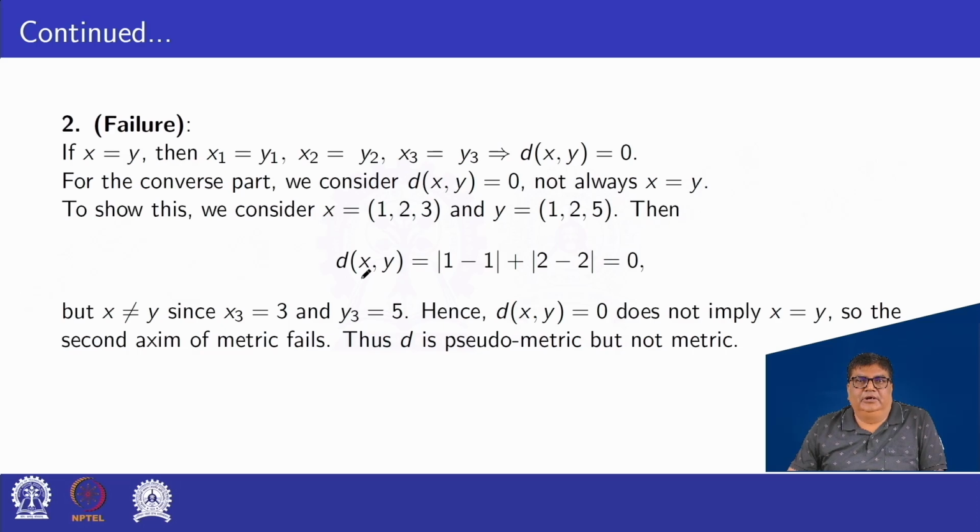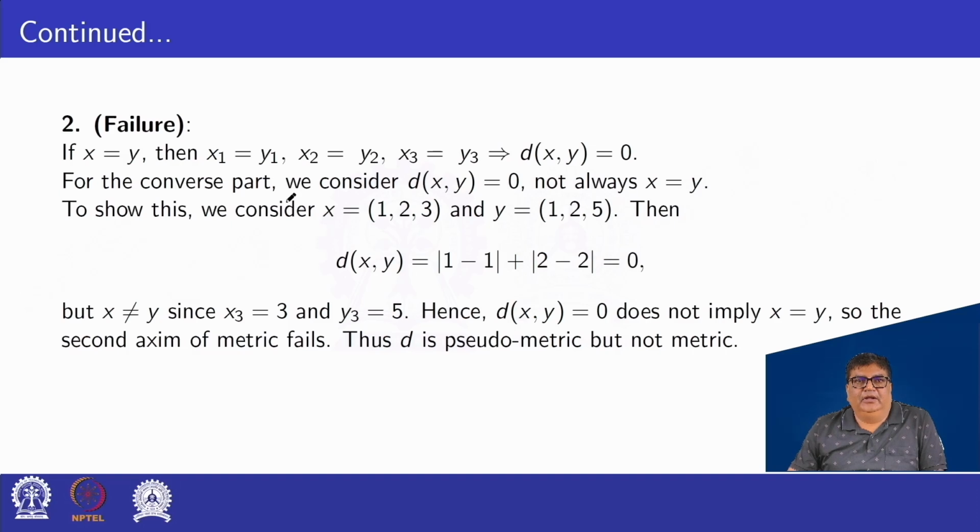Then dxy is equal to |x1 minus y1|, that is 1 minus 1, 0, plus |x2 minus y2|, 2 minus 2 is equal to 0. But here x3 is 3 and y3 is equal to 5.